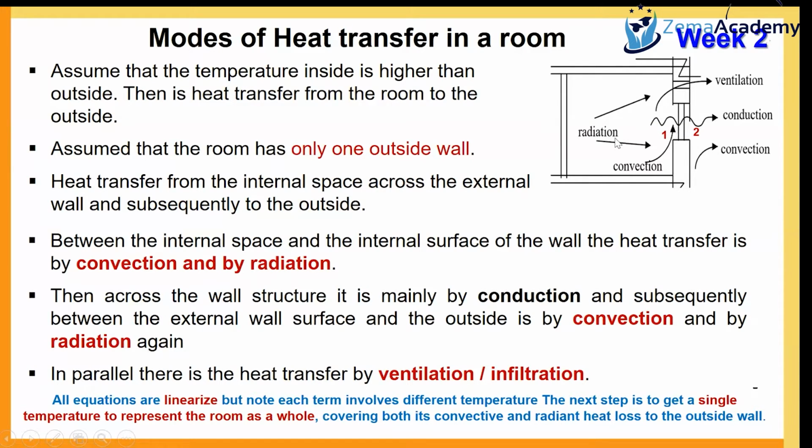So when we looked at the heat transfer processes from within the room, we said that heat is going to be transferred through convection, through radiation, and through ventilation. And if you remember, we came up with all the heat transfer equations: the conduction heat equation, the ventilation heat equation, and the radiation heat equation.